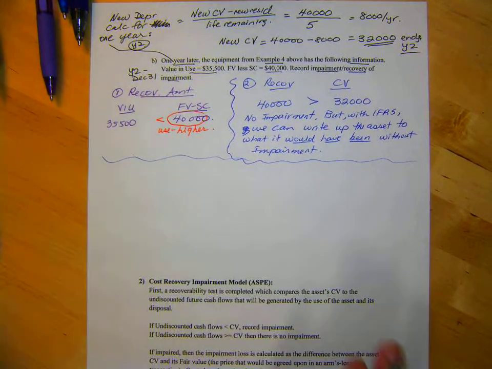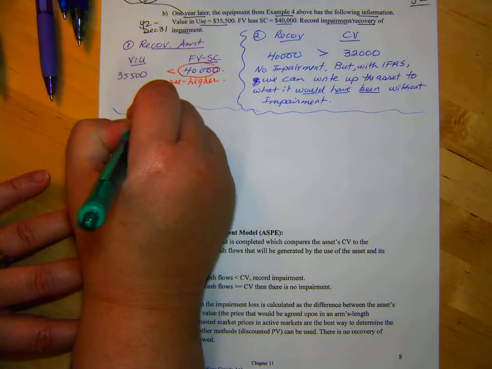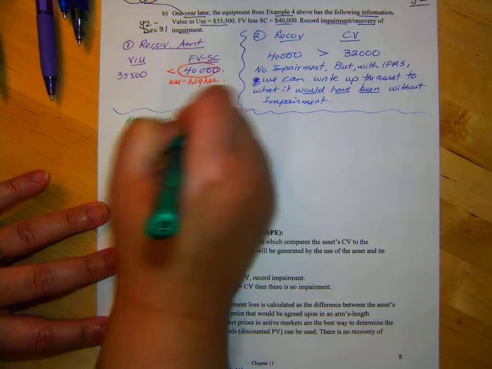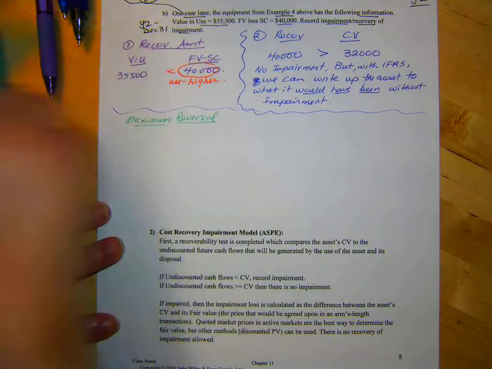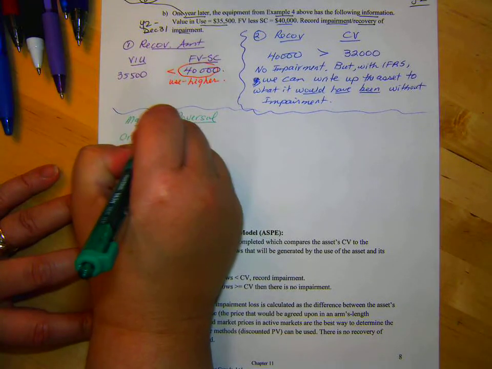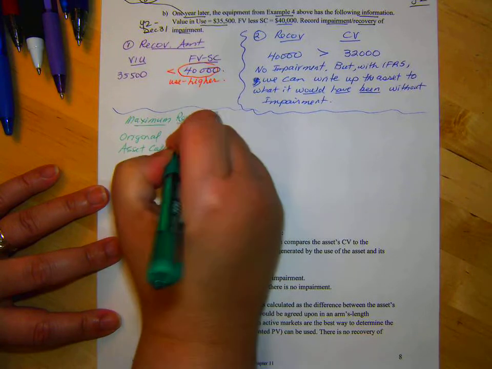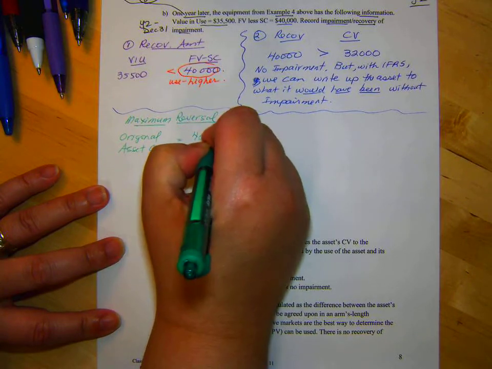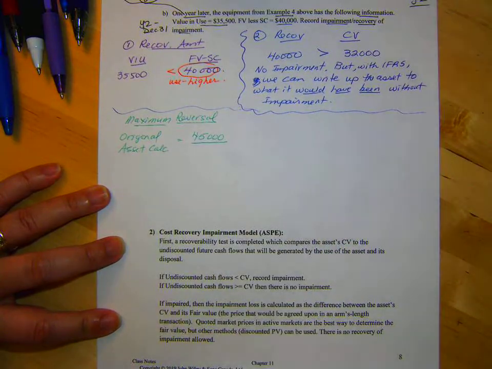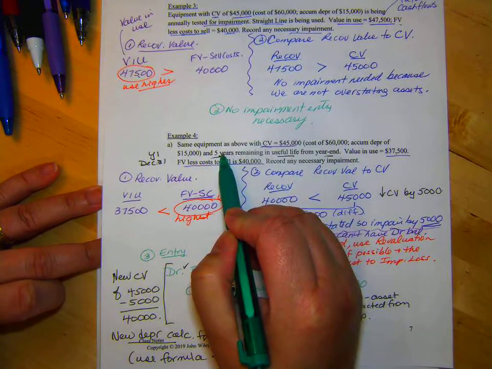Okay? So I'm going to show you how to calculate that. So the maximum reversal. We need the original asset calculation, which was 45,000, and this is on page 7, was 45,000 at 5 years remaining.